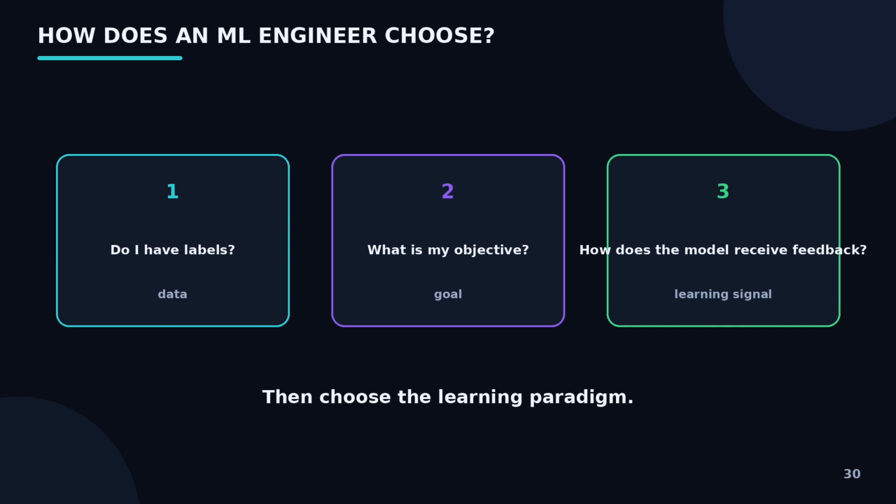If I have limited labels and lots of unlabeled data, semi-supervised methods may help. If I can automatically generate learning tasks from raw data, self-supervised learning becomes interesting. And if the problem involves sequential decisions and rewards, reinforcement learning may be appropriate.